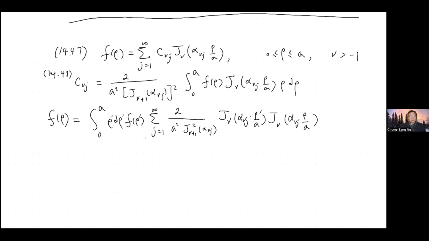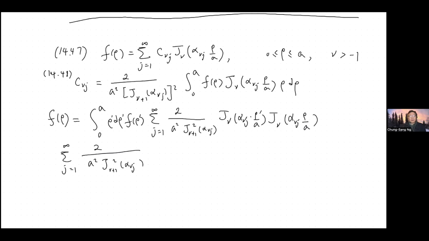So this is what we call the completeness condition for this Bessel function basis. So sum over j from 1 to infinity of 2 over a squared, J nu plus 1 squared of alpha nu j.